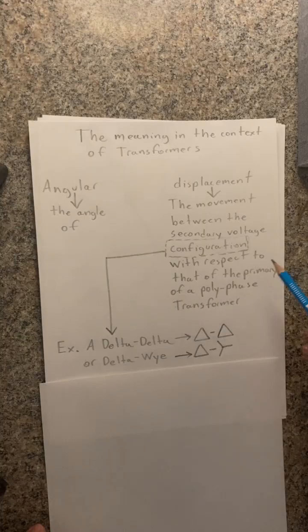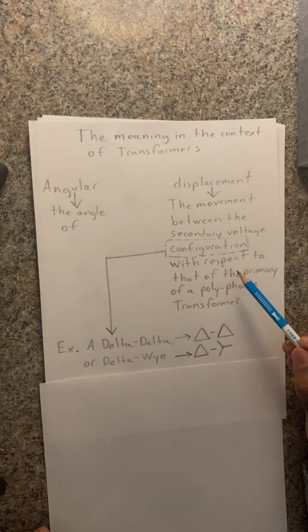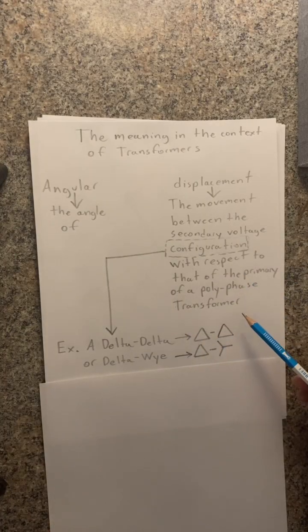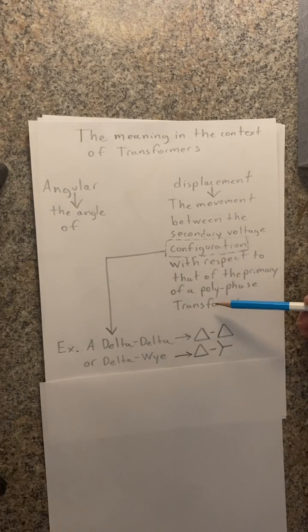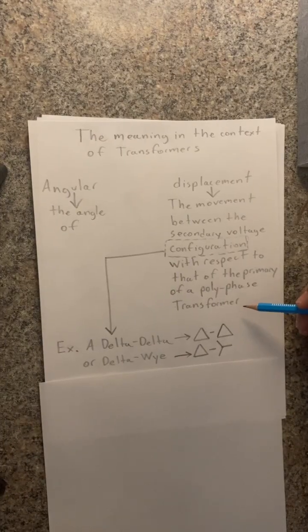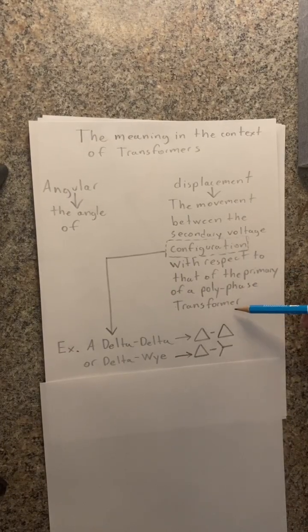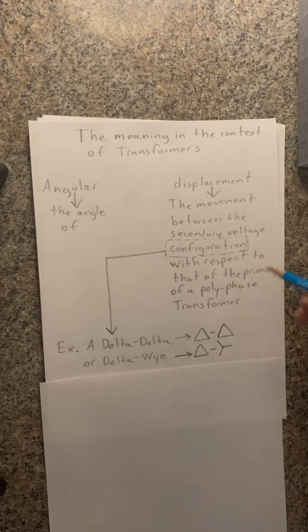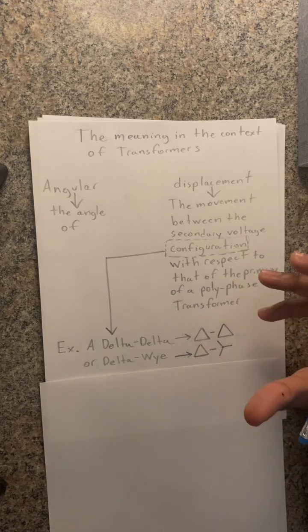Now, when we say transformer, a transformer is basically the function of this device or equipment or apparatus. Transformer is not necessarily a definite terminology, but in our context, we are talking about the apparatus.